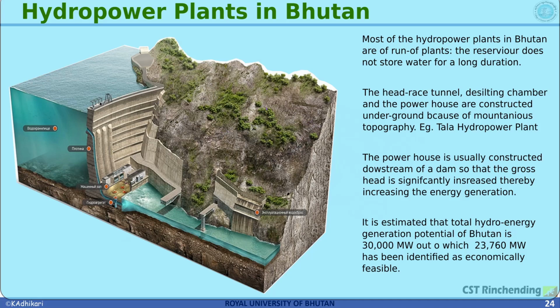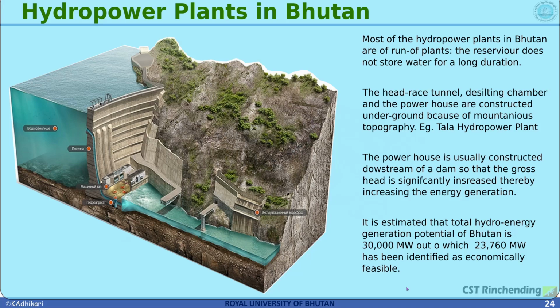It says that Bhutan has a total potential of 30,000 megawatt, out of which only 23,760 has been identified as economically feasible. Now, what does that mean? It means if we construct hydropower all over the place, we should be in a position to generate 30,000, but economically non-feasible means it won't fetch us any profit.